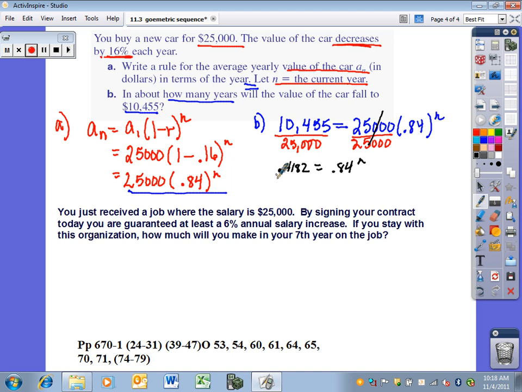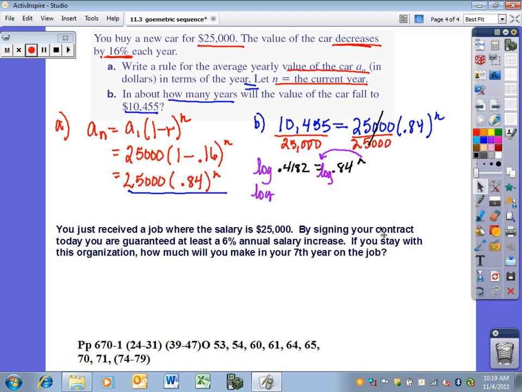Can you ever get 0.4182 to be the same base as 0.84? No, so now is when you need to use your logs. So log both sides. And remember, powers come to the front. So I have the log of 0.4182 equals n times the log of 0.84.